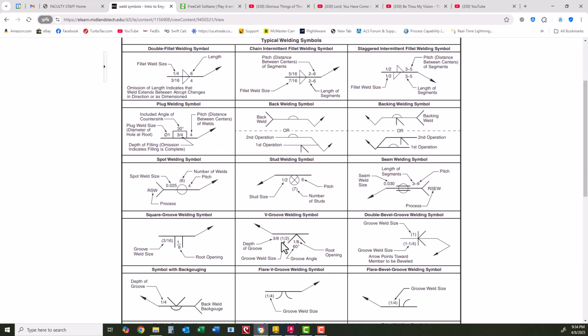Here, the depth of the groove and the groove weld size is on the left side always, no matter which way the arrow is pointing.